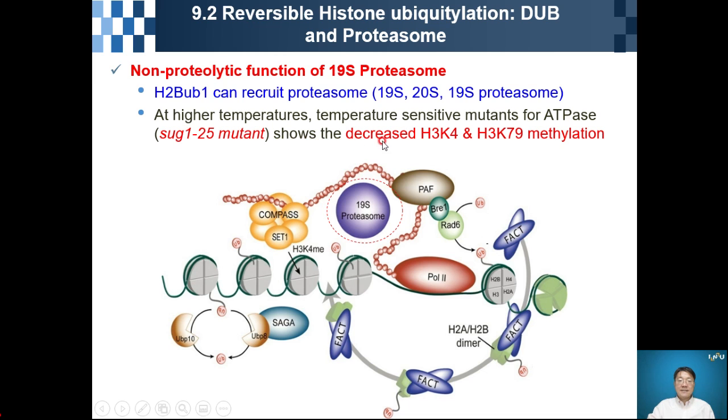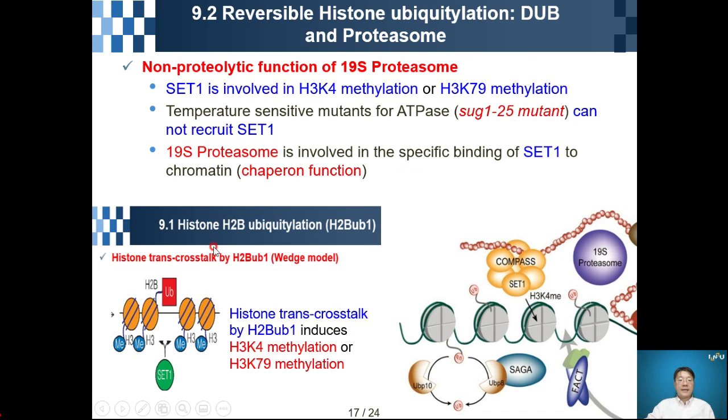shows decreased H3K4 methylation and also decreased H3K79 methylation. What does it mean? Previously we learned about the histone crosstalk by H2B-UB1.